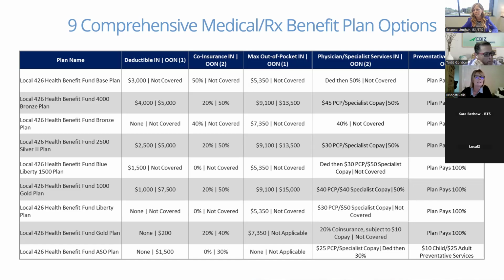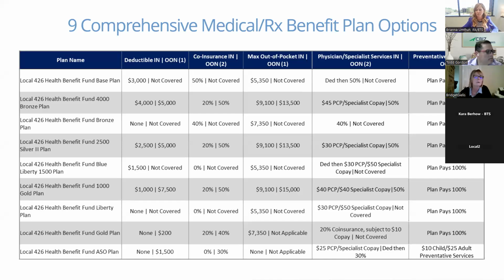The programs, again, in between, we have a Liberty plan. There's no deductible, no out of network, no co-insurance. Maximum out of pocket is $5,350, but all of your services are covered at a copay. So your PCP is a copay, specialist is a copay, your preventative's covered at 100%.